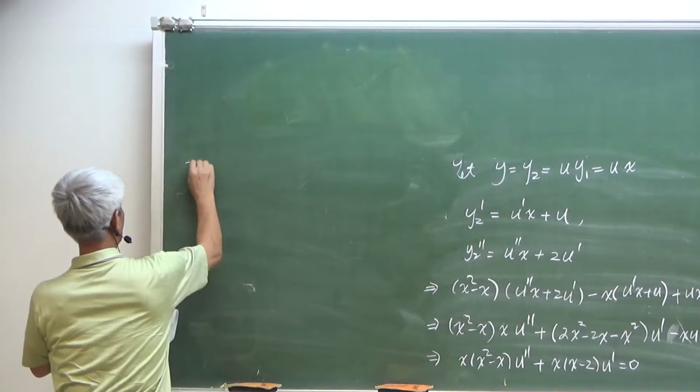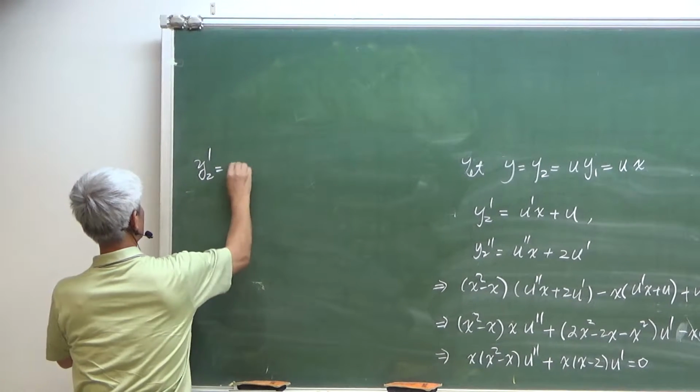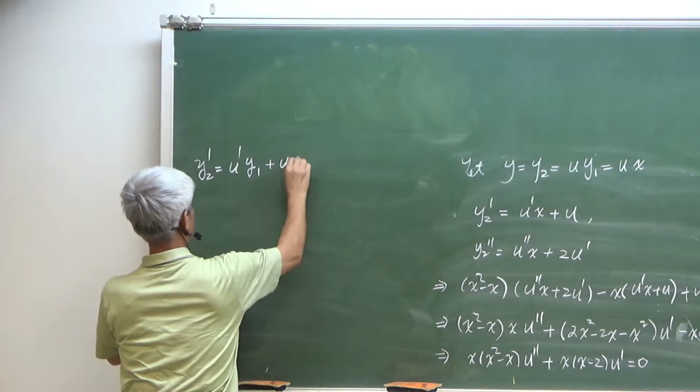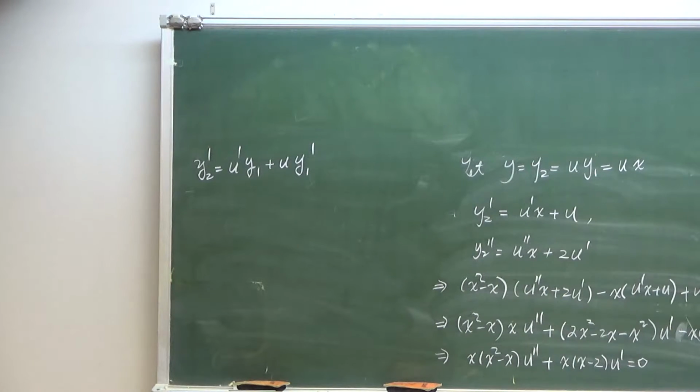So now y2 prime is equal to u prime y1 plus u y1 prime, because y2 is the product of u and y1.